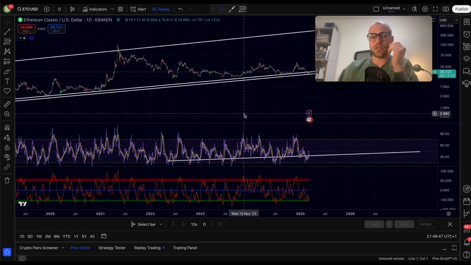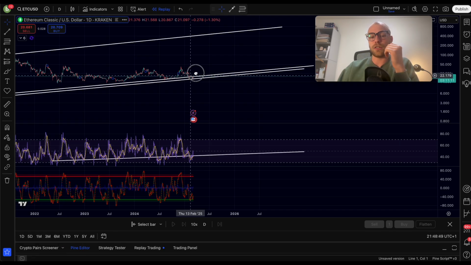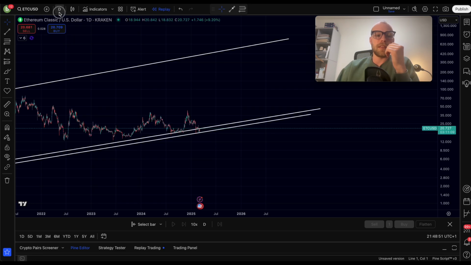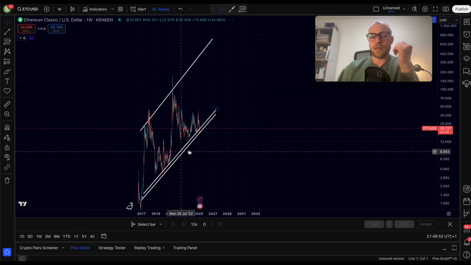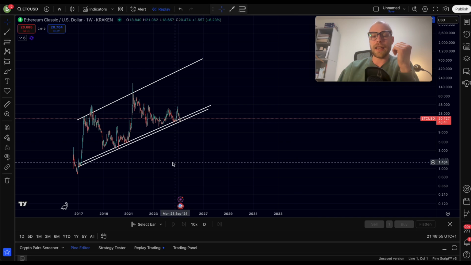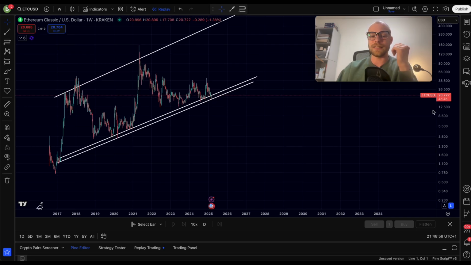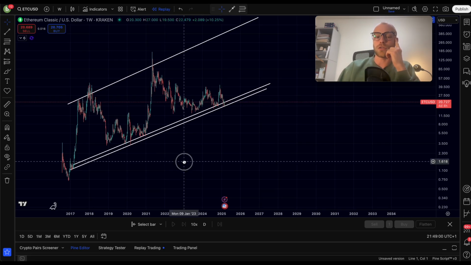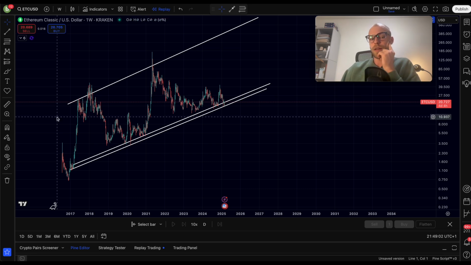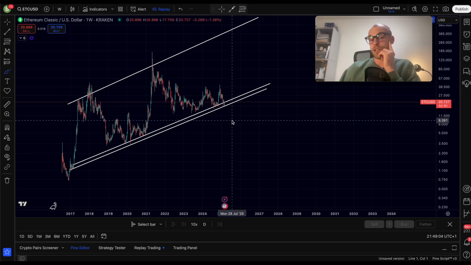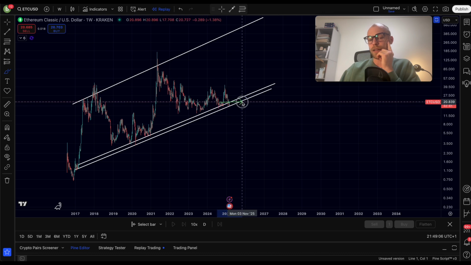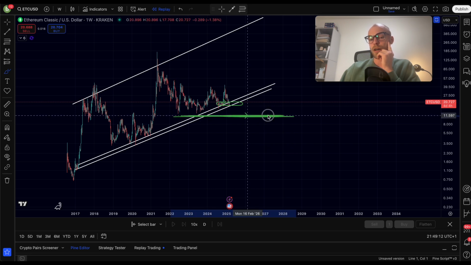And if we are going back to the resistance, I mean, that's of course not a guarantee, but I just want to make you aware of the following thing. This is really, for me personally, guys, what investing is all about. So when I see a chart like this, for me, investing is about this. You can enter Ethereum Classic at the support right here. You can set, for example, a stop loss right here.